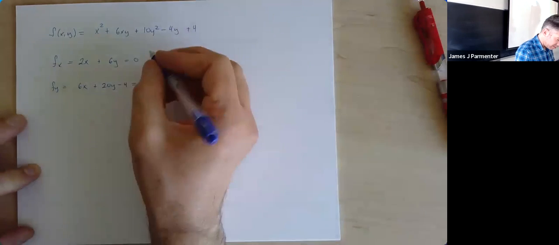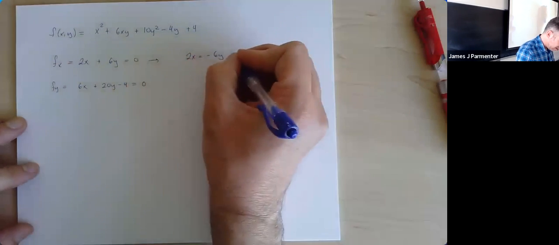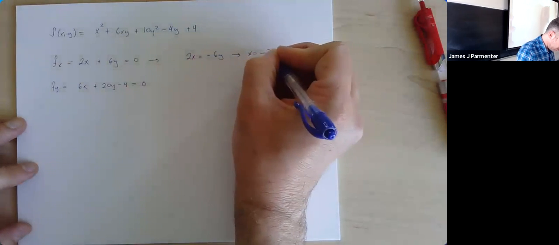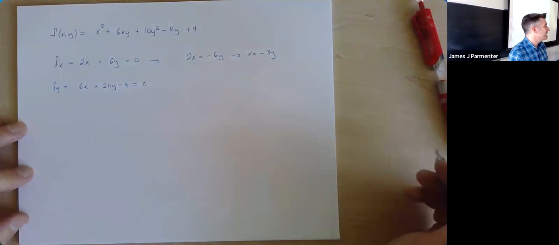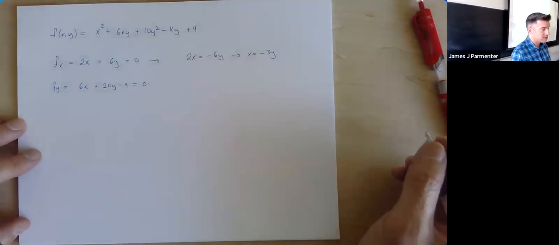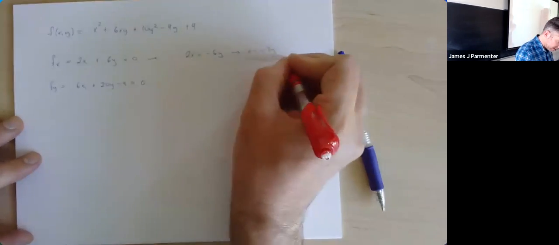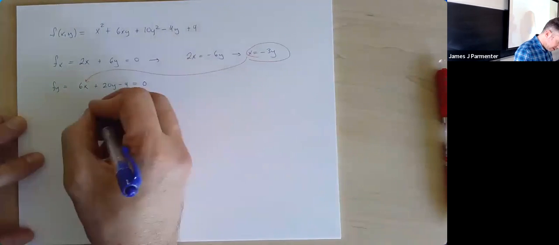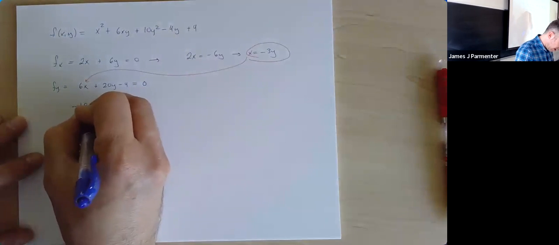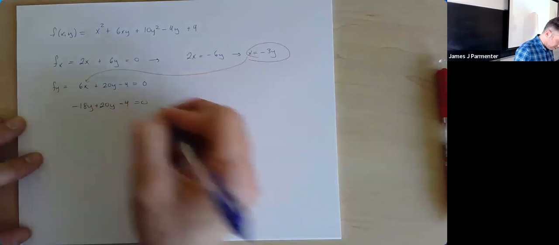So I would probably do this by saying, well, 2x equals negative 6y, x equals negative 3y. That seems like the easiest thing to do. I'm always trying to pick the easiest thing to do for these problems because they can get algebraically messy. And then we're going to take that and plug that in for x in our other equation. So then we're going to get negative 18y plus 20y minus 4 equal to 0.